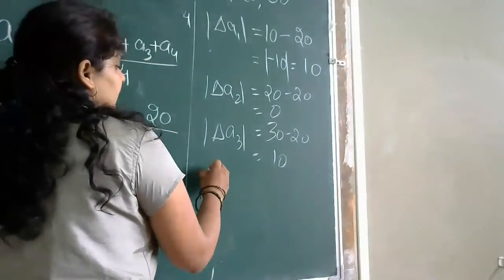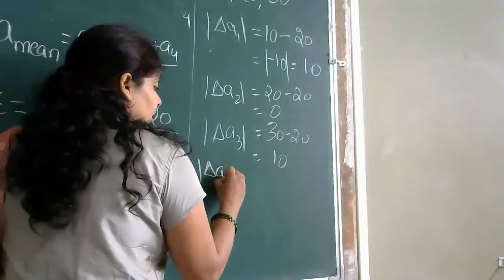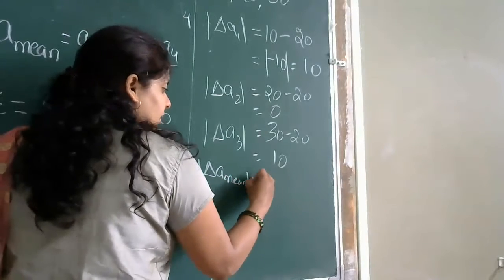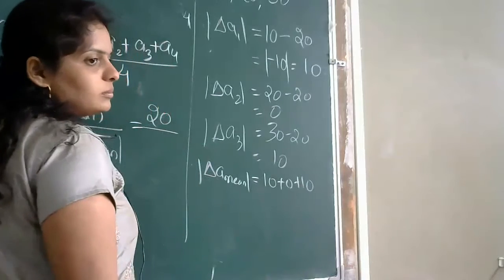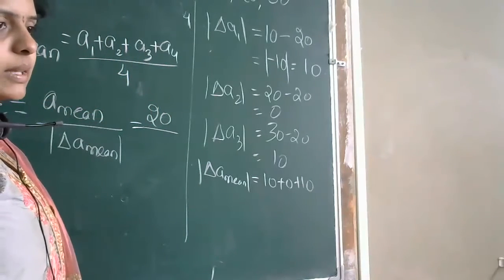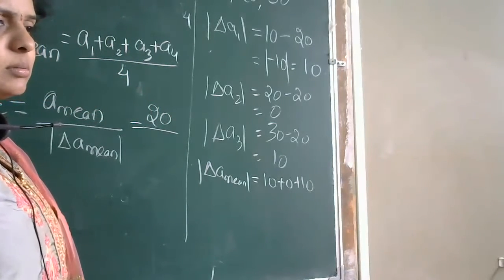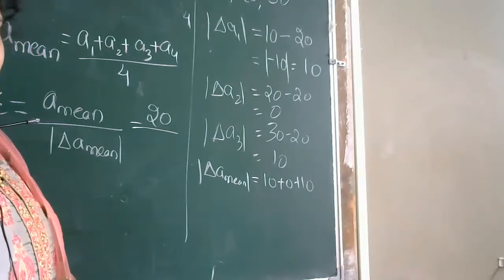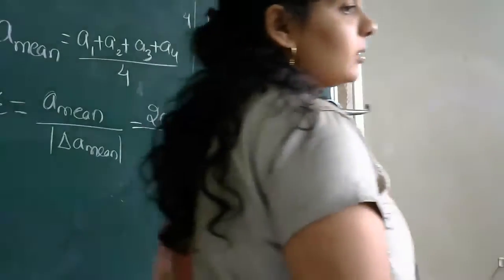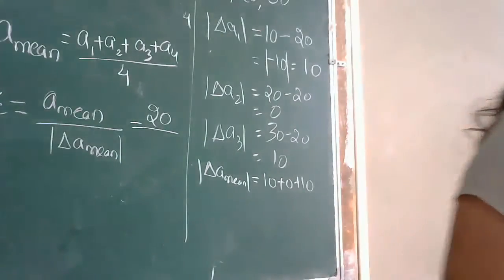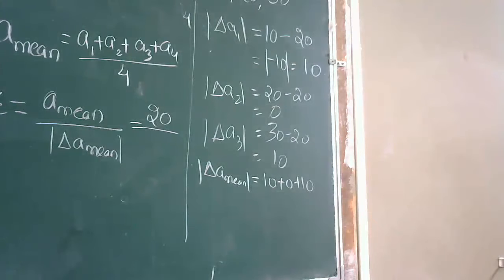So delta A mean is 10 plus 0 plus 10, and how much mean will you get?